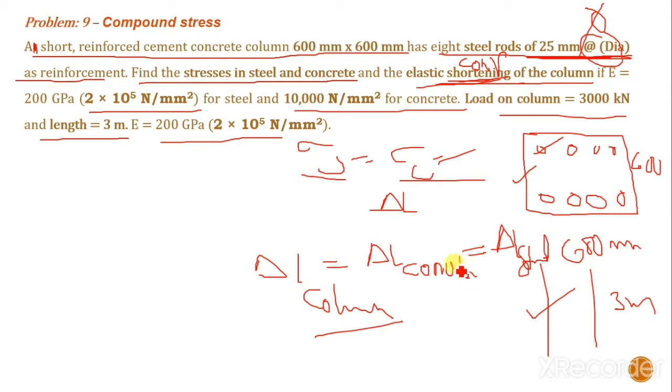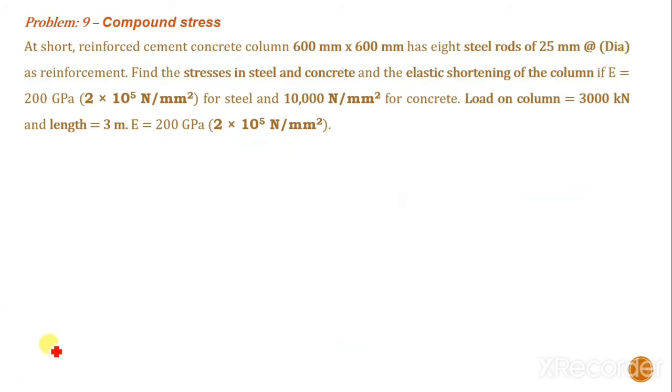Why can you write this? Because both these materials are of the same length. Therefore, as delta L1 is equal to delta L2, the decrease in length of the concrete or steel bars is equal to the actual decrease in length of the column. That is why he asked to find out the elastic shortening of the column. So let me go to the solution for you.